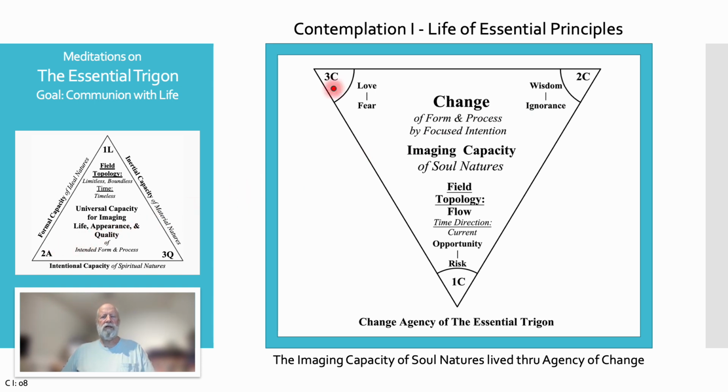And at 3C, intuitive recognition and understanding of intersubjectivity in the interplay of living forms and processes in 3Q. Thus, using the concept of the soul nature as a function of change agency within the essential trigon, we can understand the above image as both an essential and existential trigon.